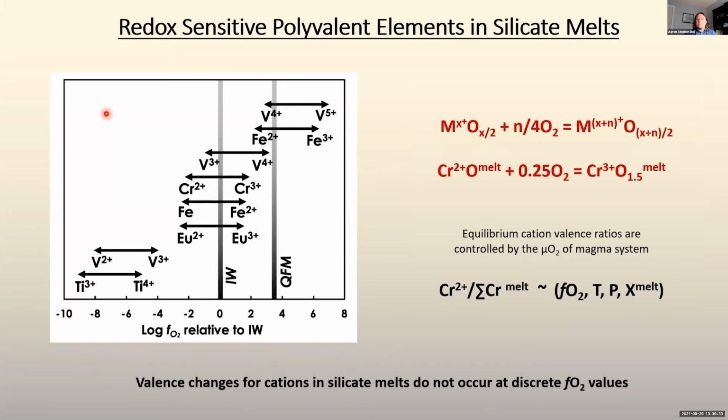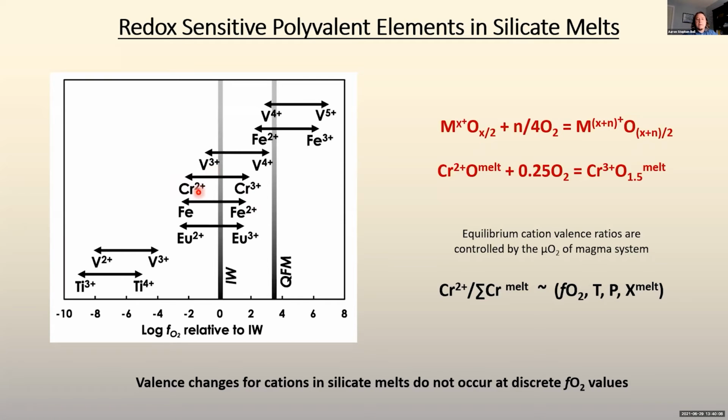And so one way in which we can get around this problem, and you saw this diagram earlier that Tony showed, is we can use redox sensitive polyvalent elements in silicate melts. And so we know there's a whole range of transition metals that all exhibit polyvalent behavior when they're dissolved in silicate liquids. And basically, we can use the changing of valence as a function of FO2 of these polyvalent elements as a way in which we can retrieve redox information about magmas.